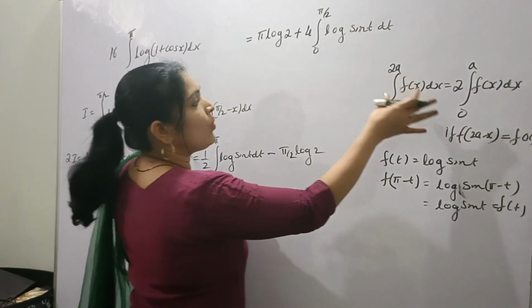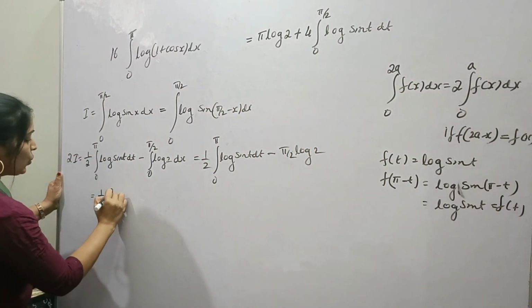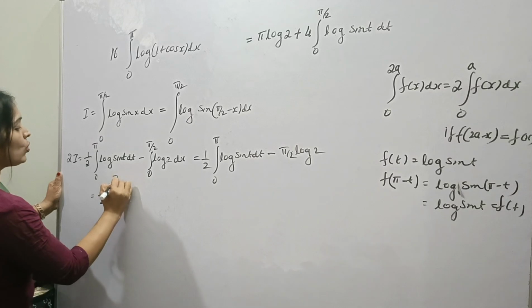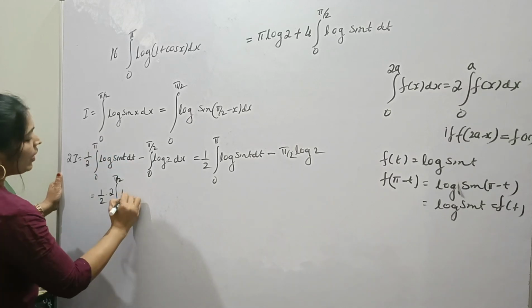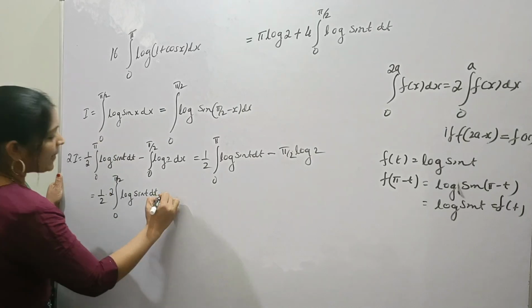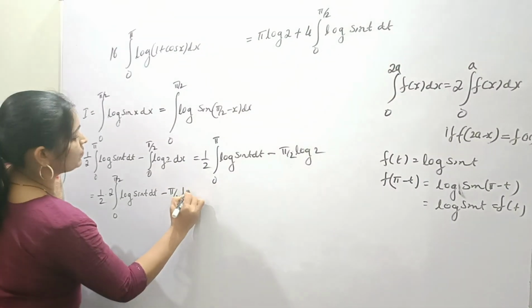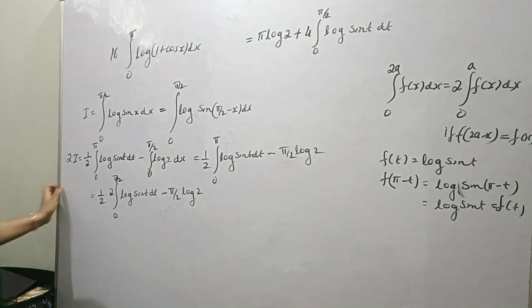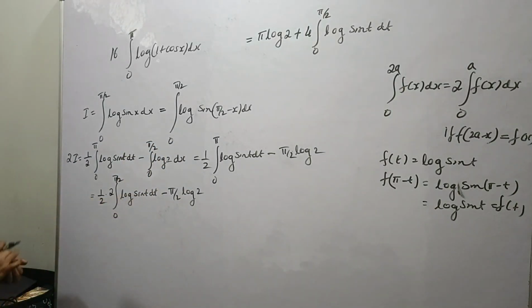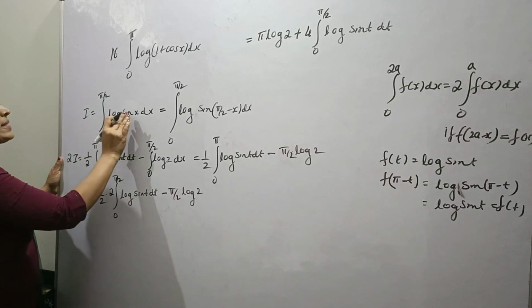Therefore, we can write this integral as 1 by 2 into 2 into integral 0 to pi by 2 log sin t dt minus pi by 2 log 2. What is it? We have taken integral 0 to pi by 2 log sin x dx.